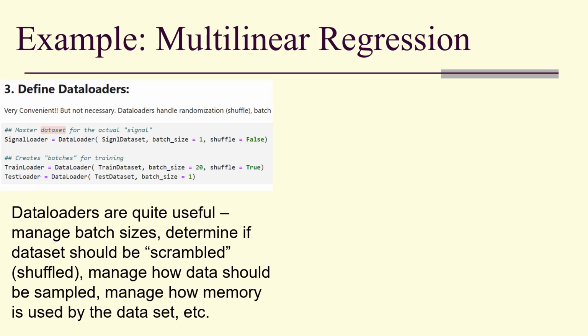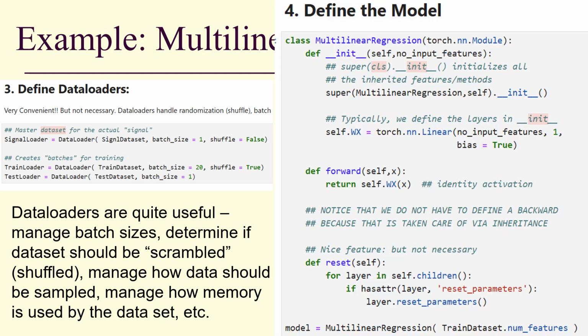Then we define data loaders. Now these are very useful. They're optional, but I encourage you to use them because they really help you manage your data, how the memory is used by the data set, lots of things that you do with data loaders. And then we define our model.